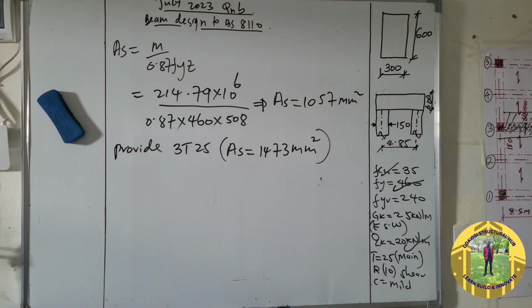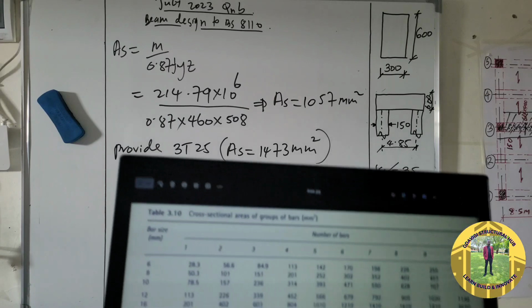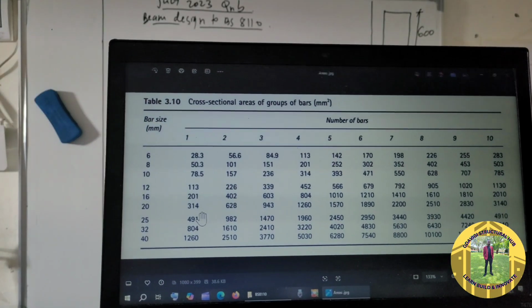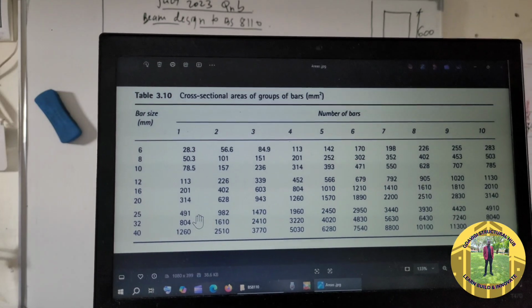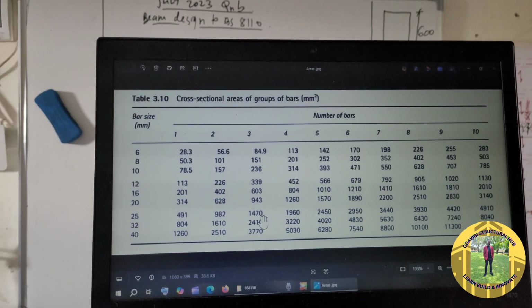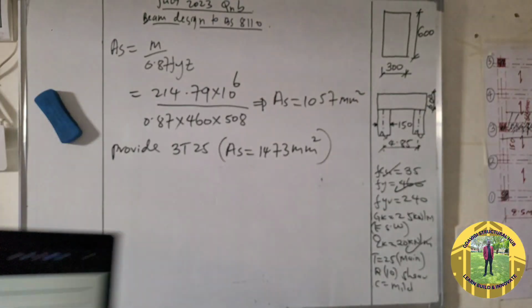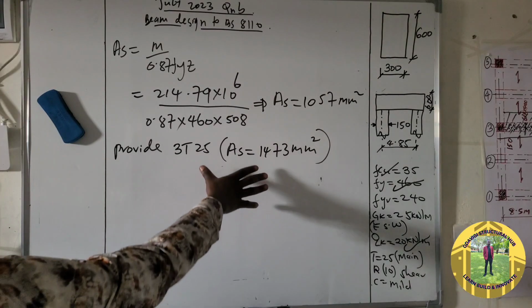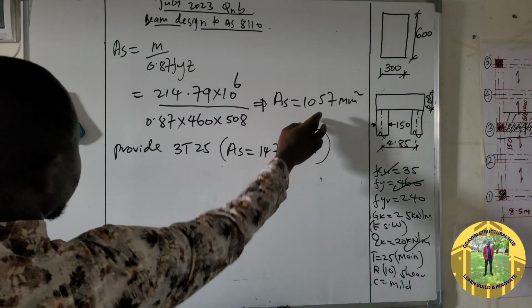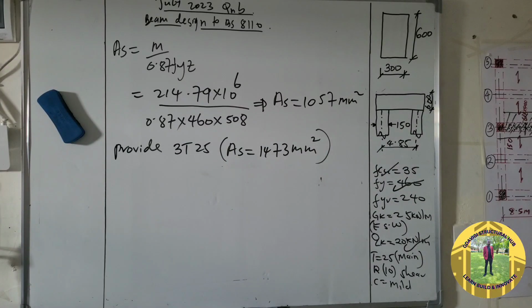Since the table in your exam is different from the one I'm using, there is a small difference. For 25, the area is 1470, but for the one in your exam is 1473. So this is how you convert this area into the number of bars and the size of the bar.